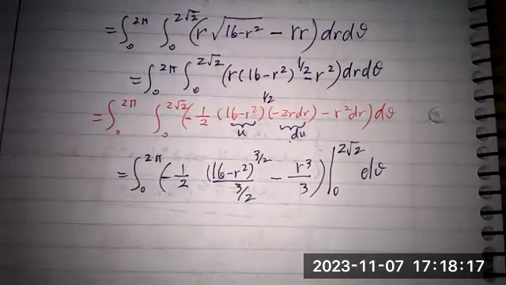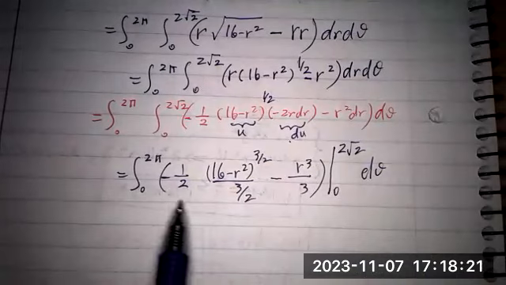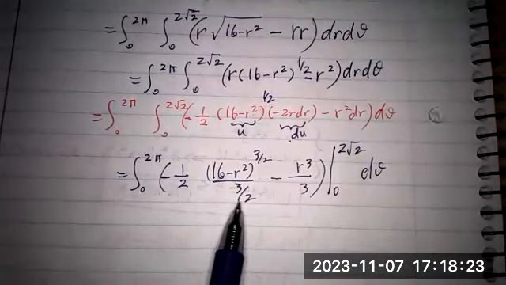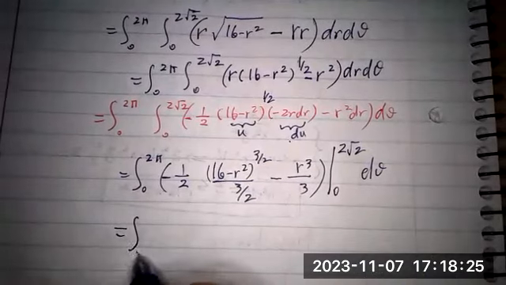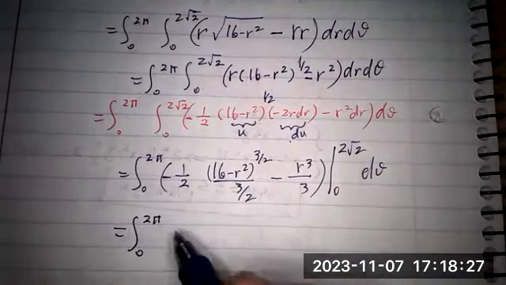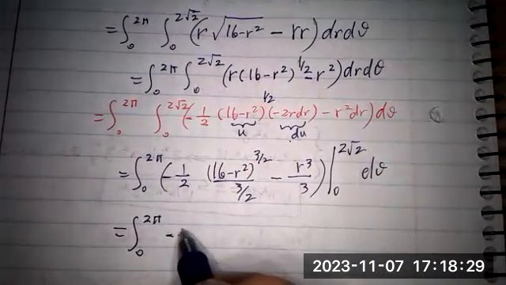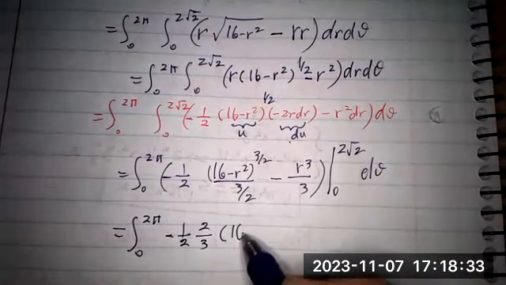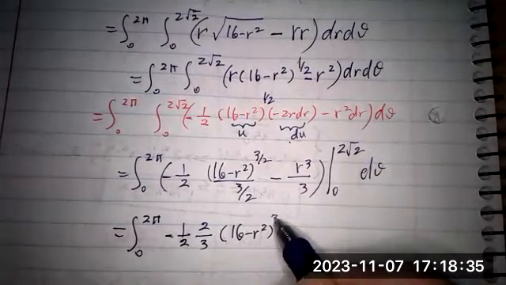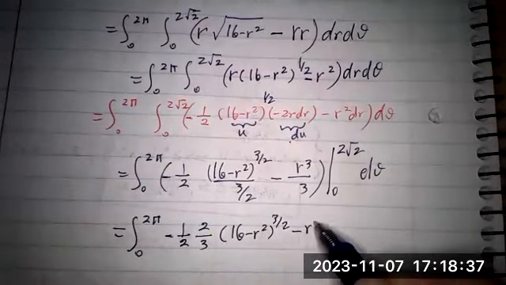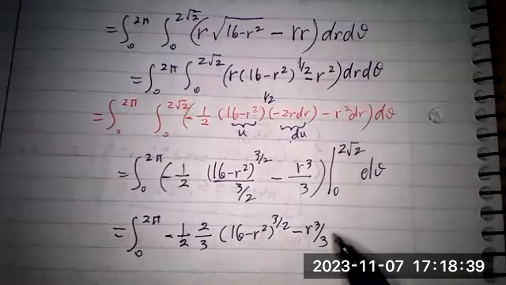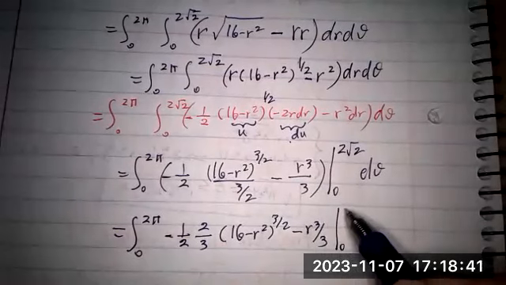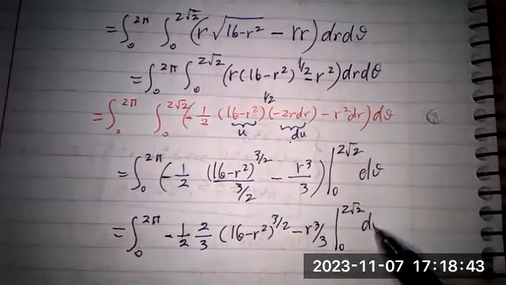You substitute, it's going to be a little bit messy because of these numbers, but it would be fine. You flip this one first. It's going to be 0 to 2 pi, and this is a negative 1/2 times 2/3, that's 16 minus r squared to the 3/2, minus r cubed over 3, and everything going from 0 to 2 radical 2, and the d theta.